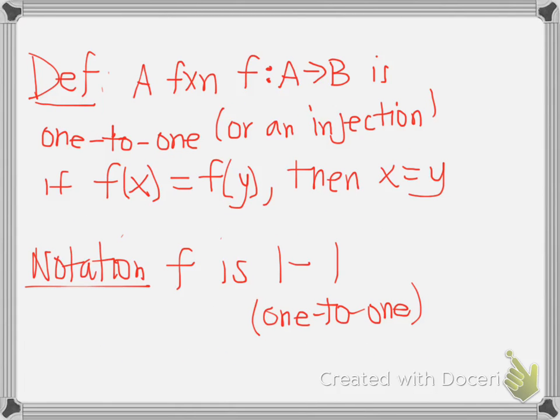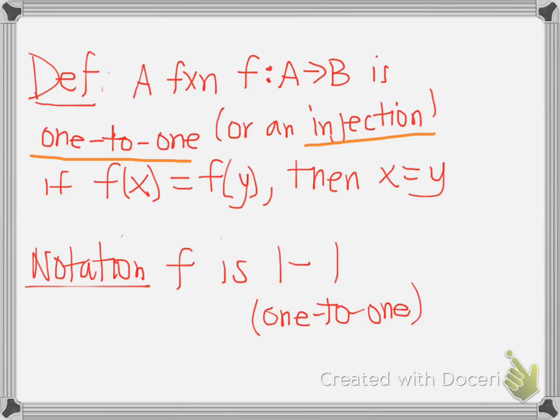Okay, so now we have a new definition. We talked about onto, and we did a couple of examples. There are only two main definitions in here. The next main one is our one-to-one function. A function f from A to B is one-to-one, or it's called an injection. So onto is a surjection, and one-to-one is an injection. Okay.